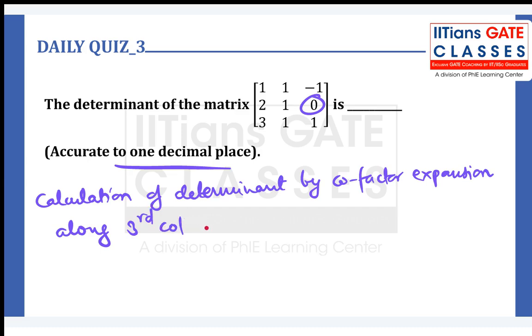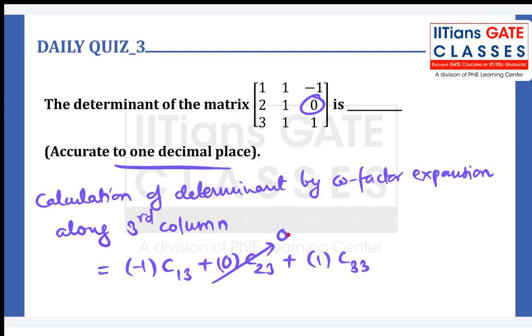What it basically means is take each and every element of that column and multiply by the cofactor of that element. One element is 0 in the second row of third column, so you are supposed to multiply it by cofactor C23, that means cofactor of the element in second row and third column. Last element is 1 and it is supposed to be multiplied by C33. No need to calculate this term because it is already 0. So only you have to find two terms.